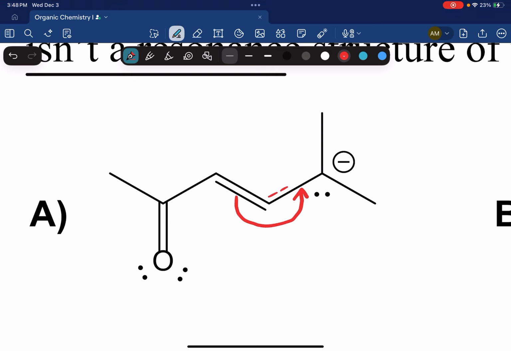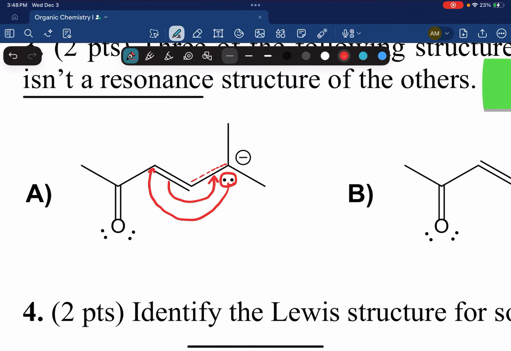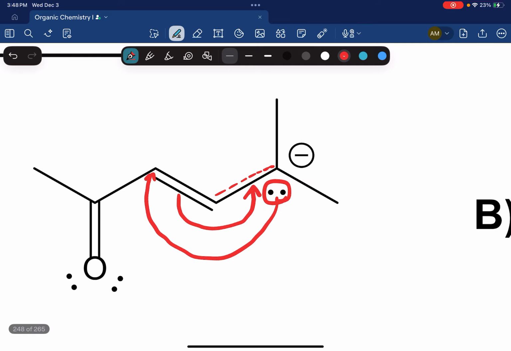So essentially I'm going to make a double bond here. In doing so, these lone pairs are going to go to the carbon that now got ripped from its double bond, right? So that's going to give you a lone pair here with a negative charge. And then we look for the structure that looks like what I just drew. So I should see, perfect, the double bond here that I drew, and then the lone pair on this one.